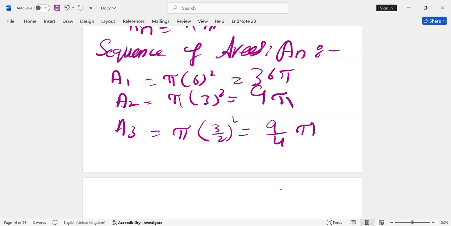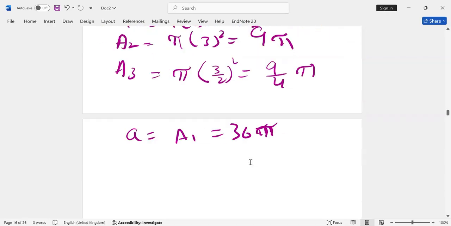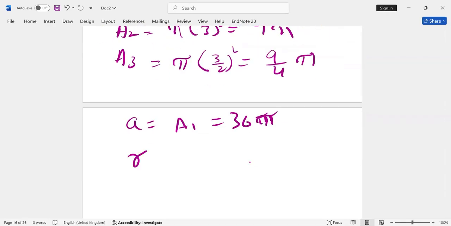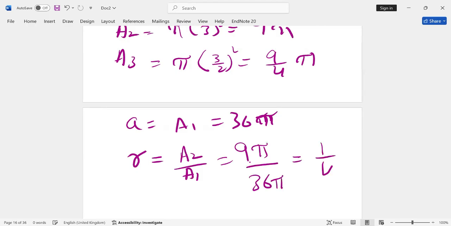We need its first term a and common ratio r. The first term a equals a1, that is 36 pi. And how do we calculate r? r equals a2 by a1, that is 9 pi by 36 pi, which equals 1 by 4.